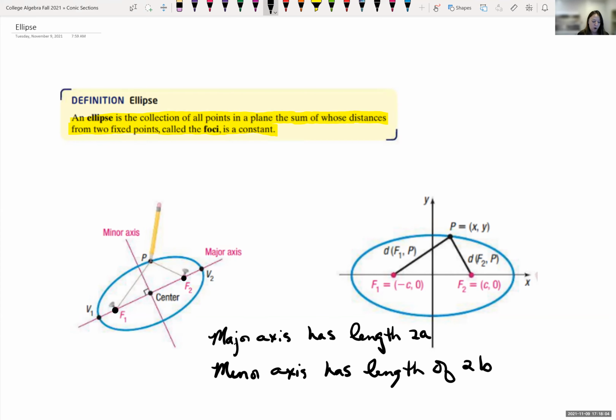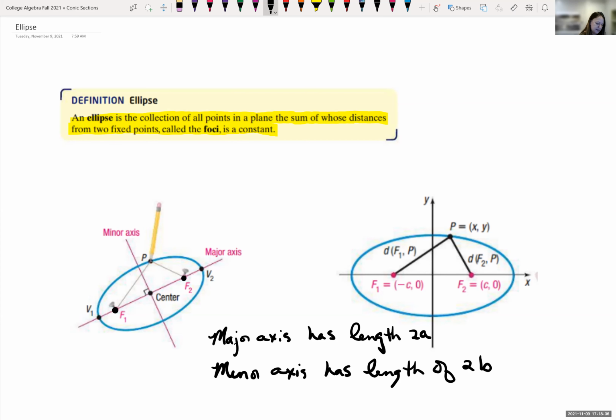Think of it to draw this ellipse. You would put 2 tacks on your foci with a string. That distance of that string is always the same, right? And so if you put those 2 tacks on the ends of your string and you pull it tight with your pencil and start going around so that it's always taut, it would make the shape of the ellipse.